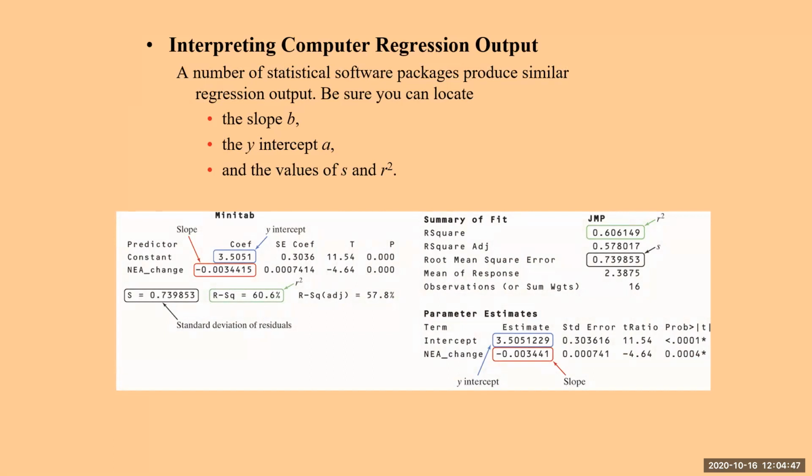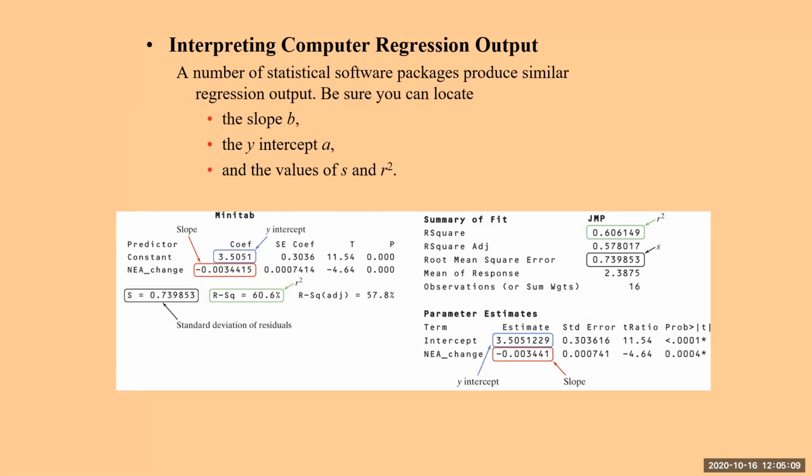Notice we have two things labeled. One's labeled constant, one's labeled NEA change. Your constant, think back in math, a constant does not change. That is your y-intercept. If it's not labeled constant, it will be labeled y-intercept. Whatever is not labeled constant or y-intercept is your slope.